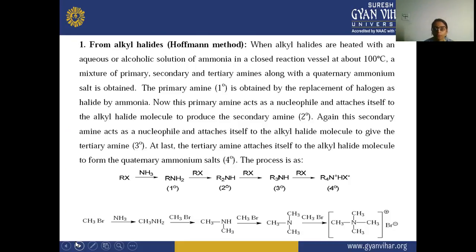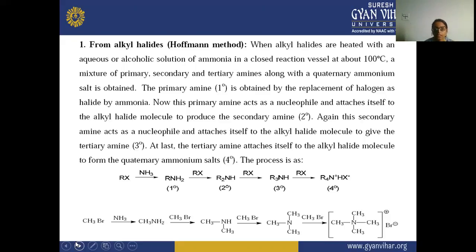The primary amine is obtained by the replacement of halogen as halide by ammonia.